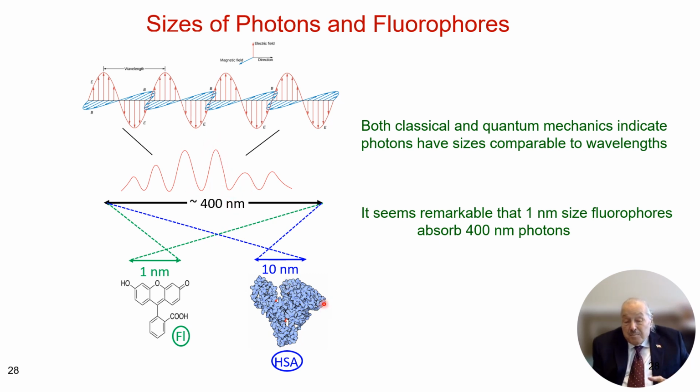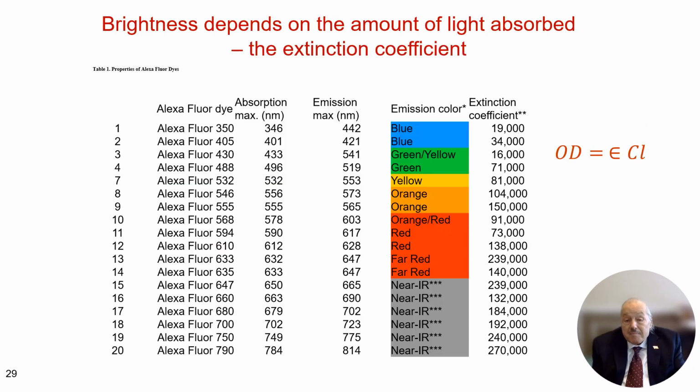These wavelengths are bigger than any protein, and they're much bigger than a fluorophore, which is really more than a nanometer, or 10 angstroms, in size. And it seems remarkable to me that these 1 nanometer size fluorophores can absorb 400 nanometer photons.